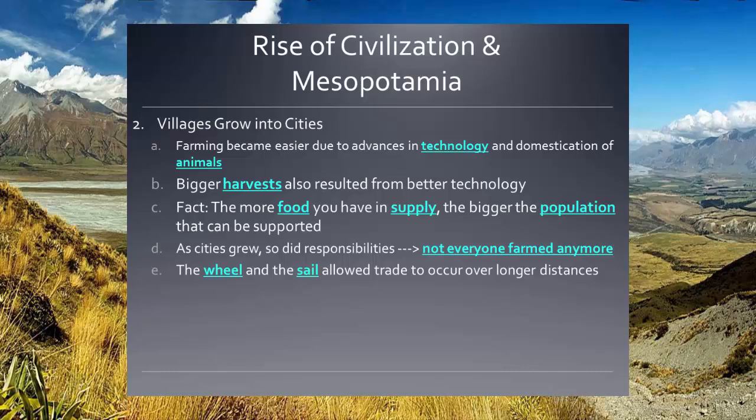This was a time before any type of money was currency. No coin, no bills, nothing like that. The economy was mostly a type of a barter system, which is what they were using. And as cities grew, social classes began to emerge.